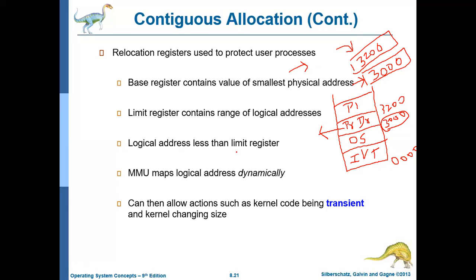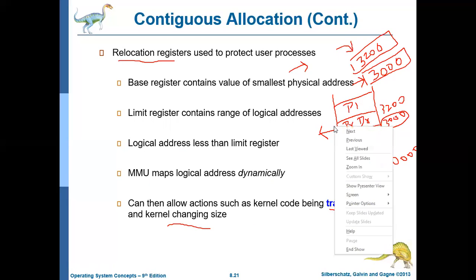So the base register is also called the relocation register. This feature of the relocation register allows the kernel, that is, the operating system kernel, to include transient programs so that the kernel size can change dynamically. The operating system is nothing but the kernel.